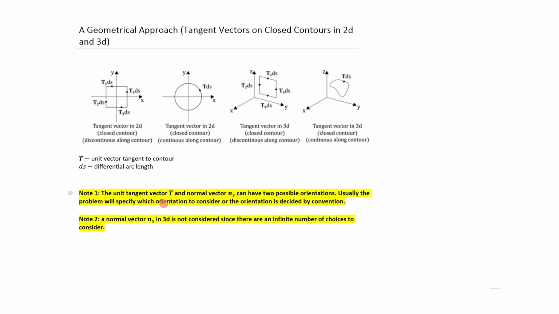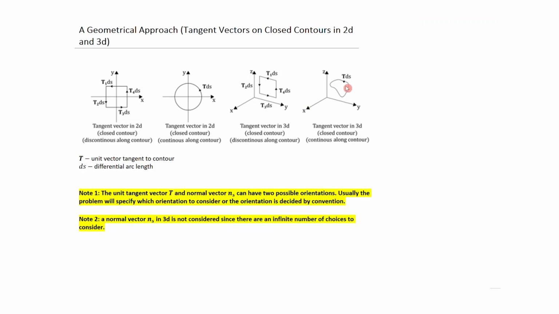Again, note 1, the unit tangent vector t and normal vector ns can have two possible orientations, and as I stated in the previous slide, usually the problem will specify which orientation to consider, or the orientation is decided by convention. Again, just to reiterate that a normal vector ns in 3D is not considered, since there are an infinite number of choices to consider.